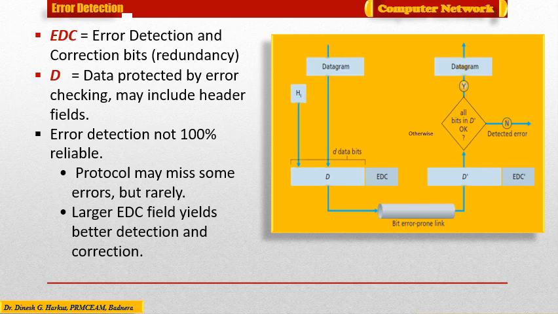The receiver's challenge is to determine whether or not D dash is the same as D, given that it has only received D dash and EDC dash. Error detection and correction techniques allow the receiver to sometimes, but not always, detect that bit errors have occurred. Even with the use of error detection bits, there still may be undetected bit errors.